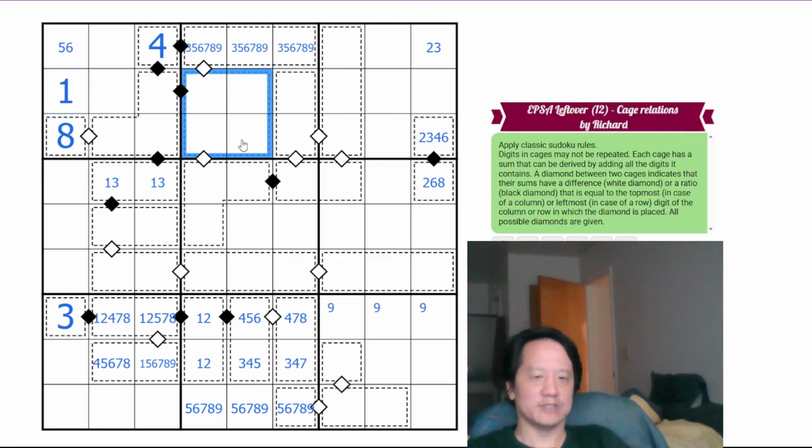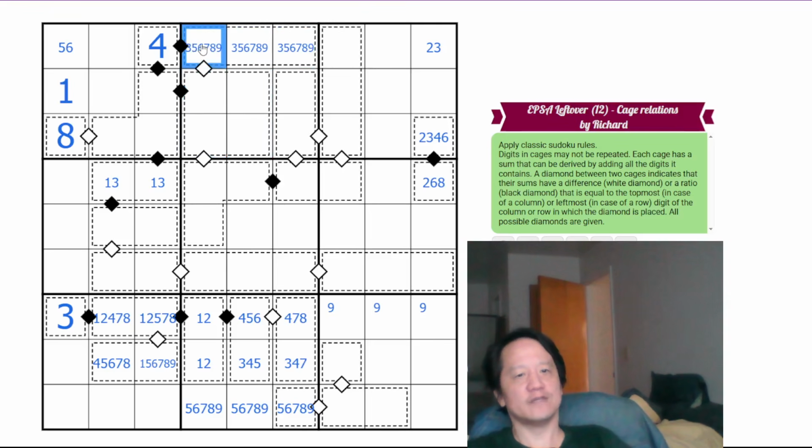This has to be 16, and this must be 20 or 24. But if this is 20 minus 16, that's a difference of 4, which cannot be here because of 4 in the row. So this must be 6 here, which makes this 8, 7, 9 to add up to 24. This is 8 because that's a difference of 16 and 24. So then this must be a 7, 9 pair.